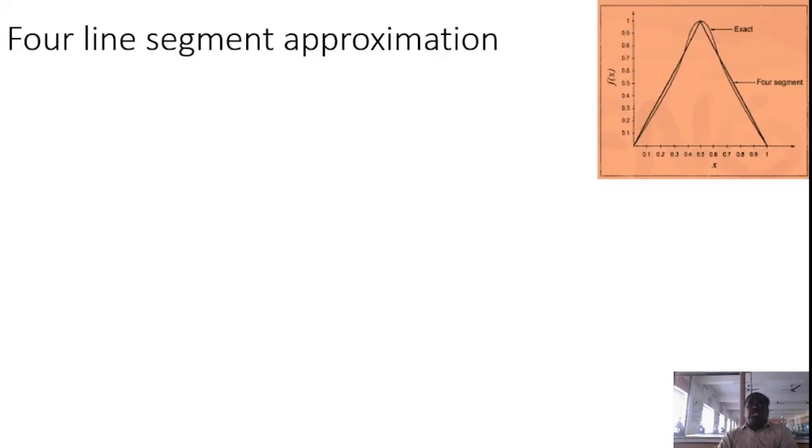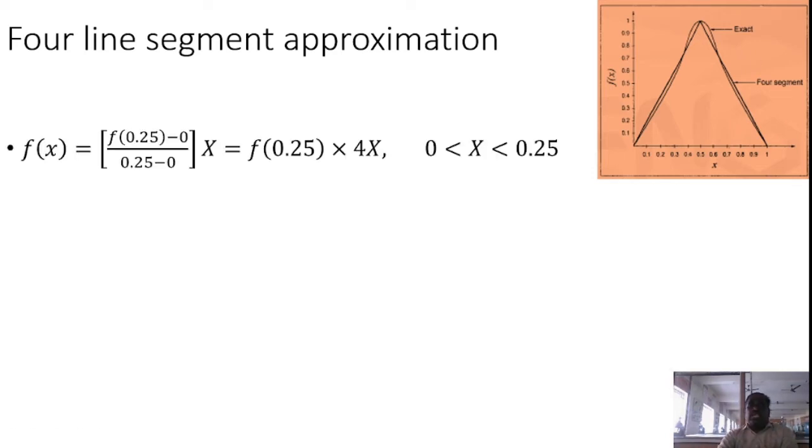According to Seshu, the textbook of finite element method proposes some techniques. What is four line segment approximation? Here you see the curve is available in the plot region. The curve can be split into four line segments.